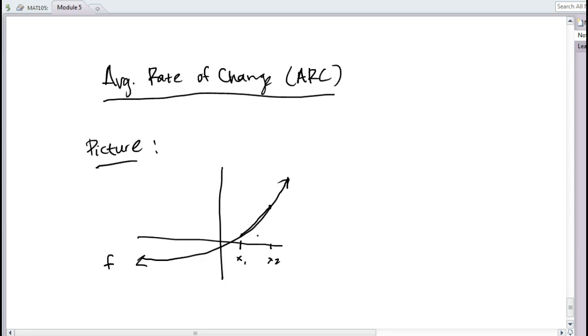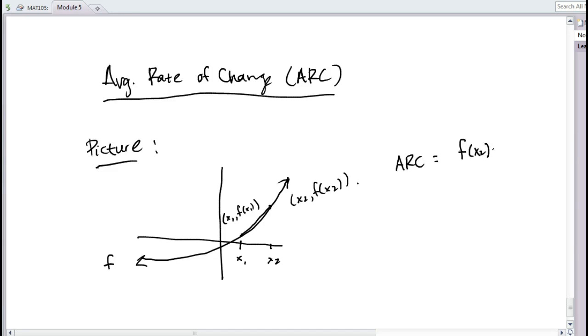Well, right now we only have the x values, but since we know the function, anytime we know a function, we can plug the x values into the function to get the y values. So, what is the first point? Well, that would be x1, f of x1. And the second point would be x2, f of x2. So the average rate of change is just the slope formula between those two points.